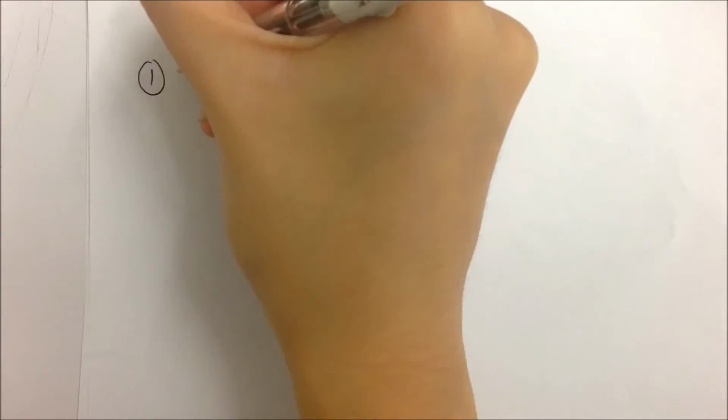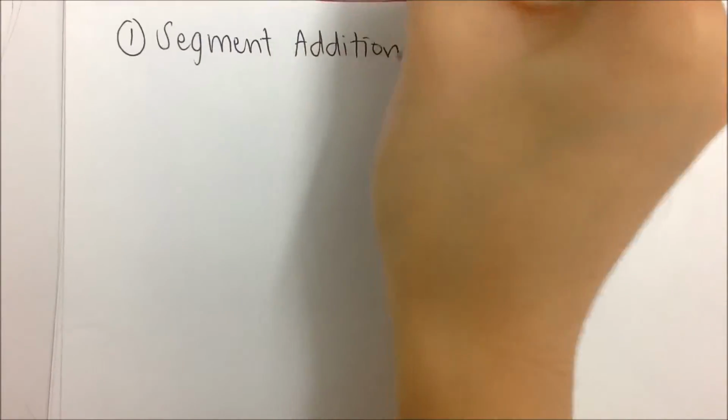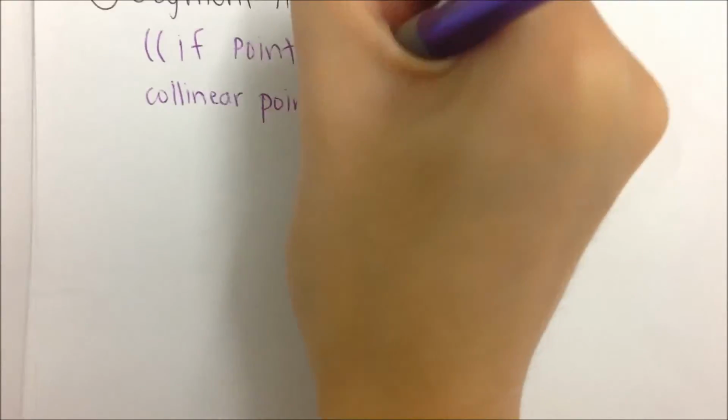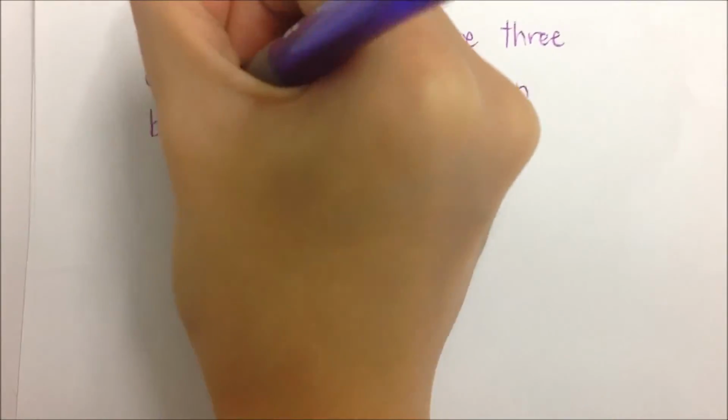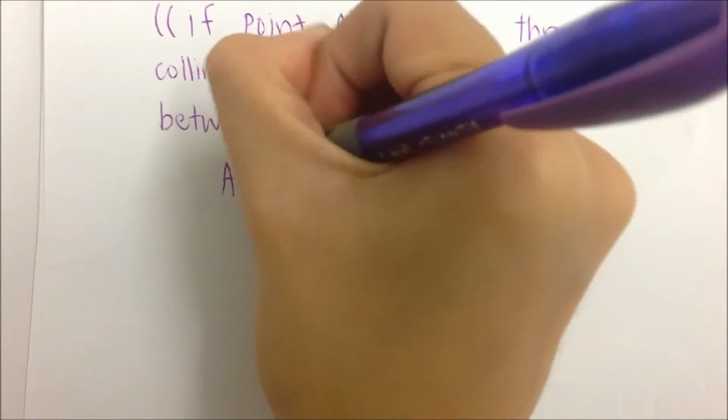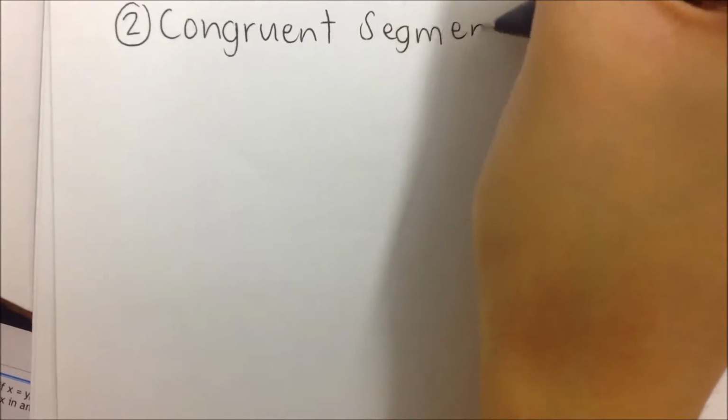Alright, so here to list down all of our concepts, let's move to Jvee. Segment addition postulate. If A, B, and C are three collinear points and B is in between A and C, then AB plus BC equals AC. Congruent segments.